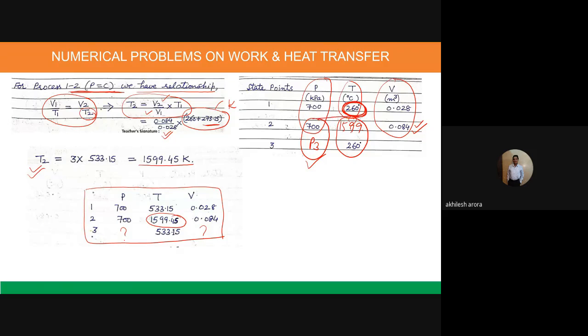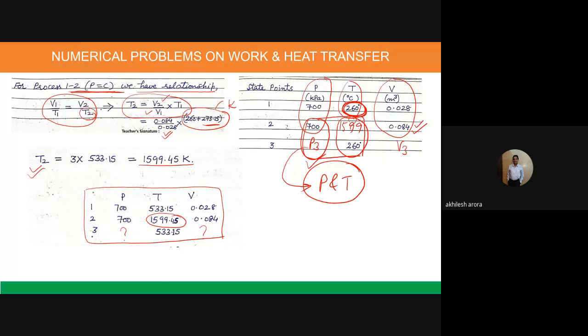So we should have a relationship between pressure and temperature so that we can calculate the pressure P3. And if I want to calculate the volume V3 for the polytropic process, then I can use some other relationship.